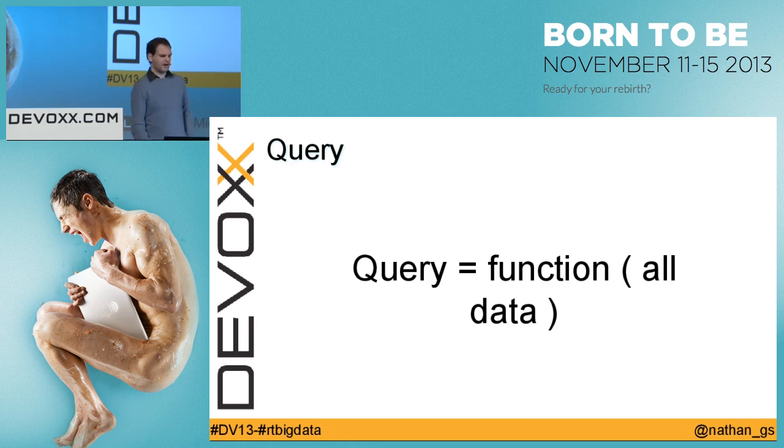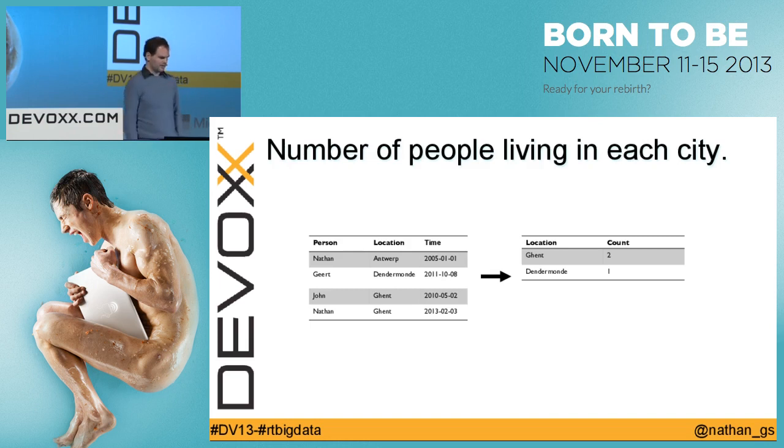So let's say I'm interested in the number of people living in each city. I would start with a list of all events.